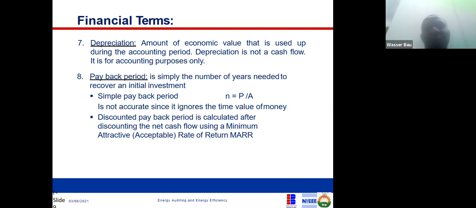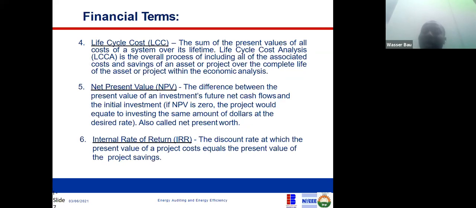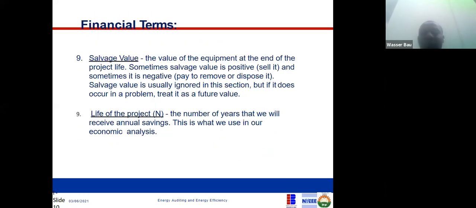The depreciation, the property or the equipment might be well maintained, so that the depreciation might be so minimal. Okay, the interest rate, again, you can't play with it. Then the other things, you can actually play with them. So any questions so far? Okay, if there's no question, then we'll move on.